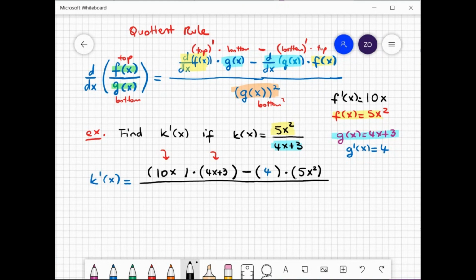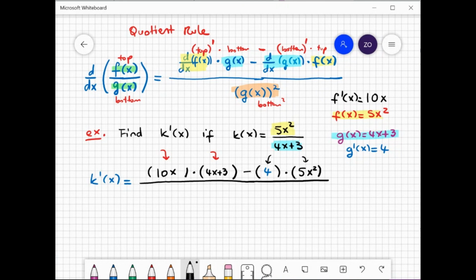So the first top function's derivative times the bottom function, just copy it here, minus, which comes from the formula here, okay, minus the derivative of the denominator. So the denominator, the bottom function is 4x plus 3. Its derivative is 4 times the top function. Okay, the function itself. We just multiply by the top function. So they take turns in having their derivatives.